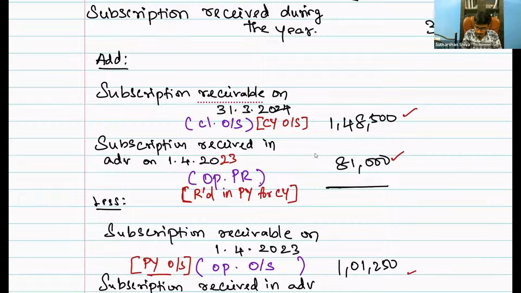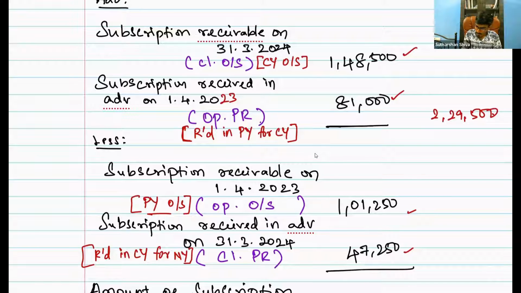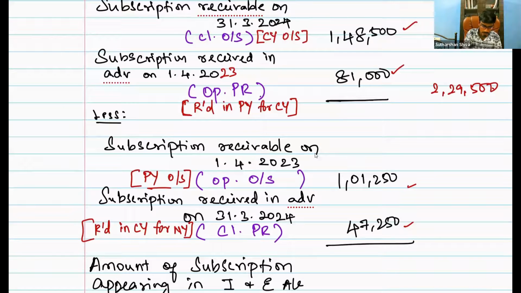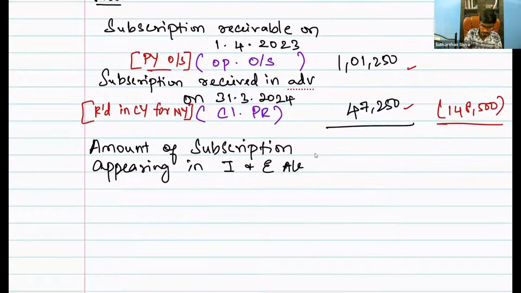Can you give me the total value? What is this total asset value? Can you give me? 4 lakh, 1,48,500 plus 81,000. 2,29,500. 1 lakh, 1,48,500 minus 30 lakh, 33 lakh 75,000 plus 2,29,500 minus 1,48,500.